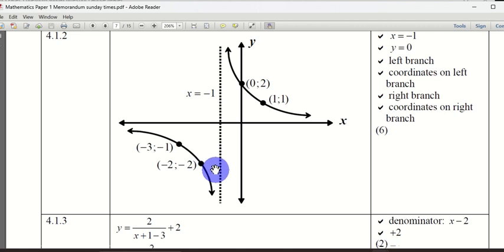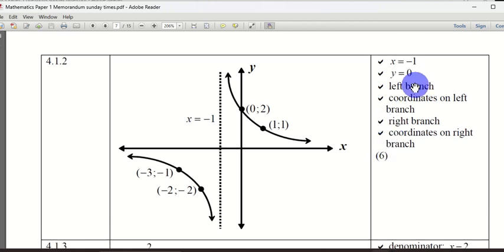You choose any value that is less than negative 1, and you put it in here. You punch it in, what is the corresponding y value. Here you choose a value that is greater than negative 1. You do that. So check there, what are the 6 marks going for?